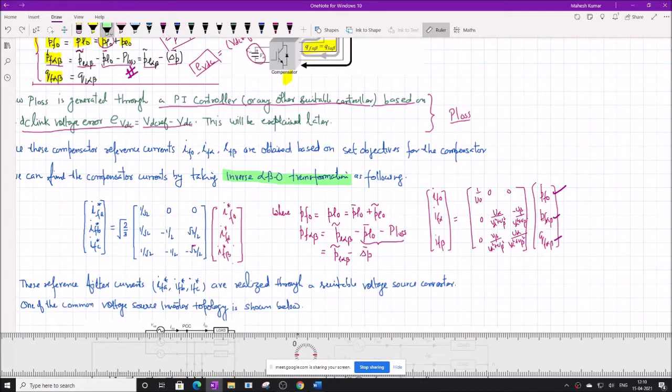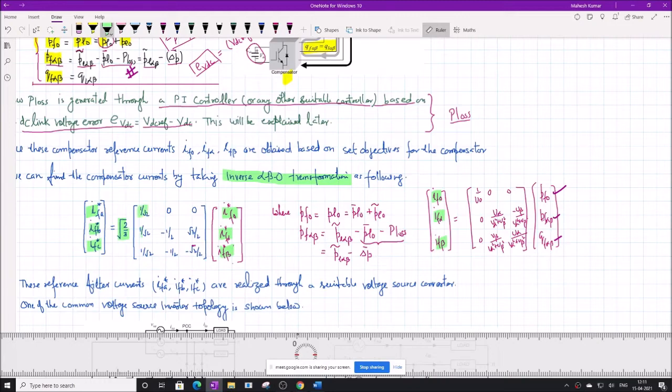Once we know these currents IF0, IF alpha, IF beta, we can transform them back to IFA, IFB, IFC through the inverse alpha beta 0 transformation. The inverse alpha beta 0 transformation is nothing but the inverse of the alpha beta 0 matrix. If we take the inverse of this, it comes with the same factor root 2 by 3 and the transpose of that matrix.